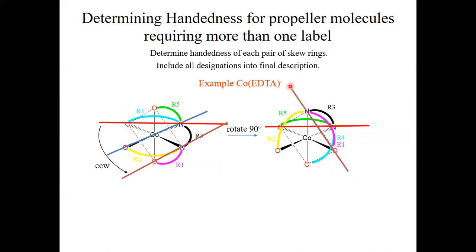So now we see that we have to rotate our horizontal line clockwise. Yeah, or this way, it doesn't matter. We could either do it this way or that way, but it both is clockwise. Yeah. So therefore, this combination would get a delta designation.